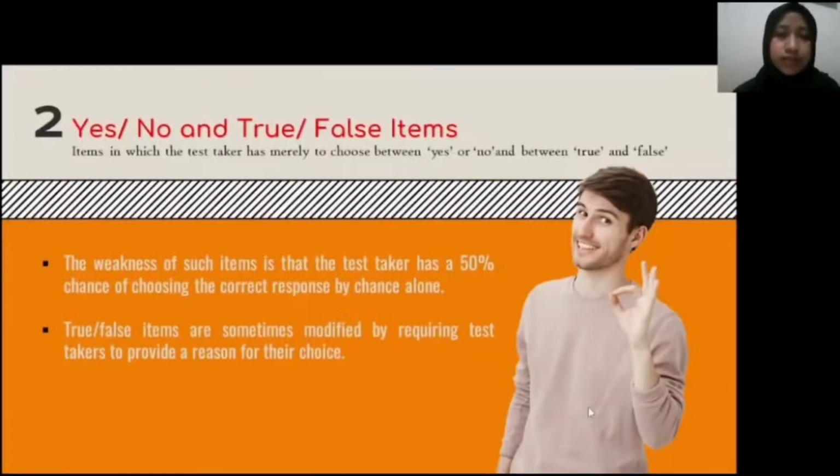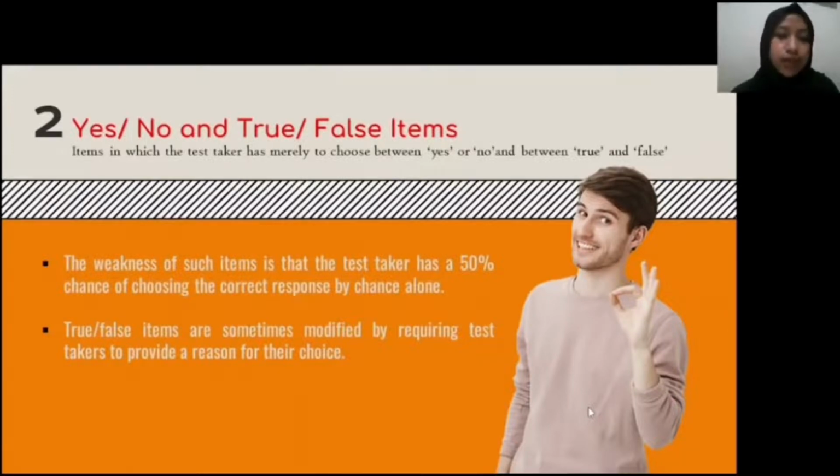Number 2 is yes or no and true or false items. These are items in which the test taker has merely to choose between yes or no, and between true and false. This item is sometimes modified by requiring test takers to provide a reason for their choice.